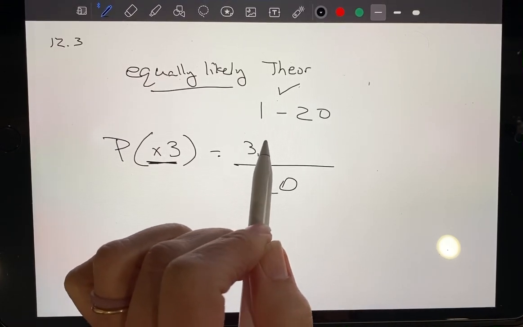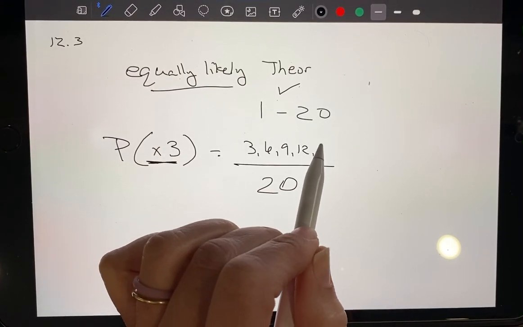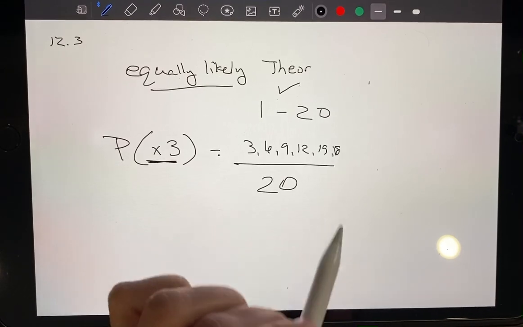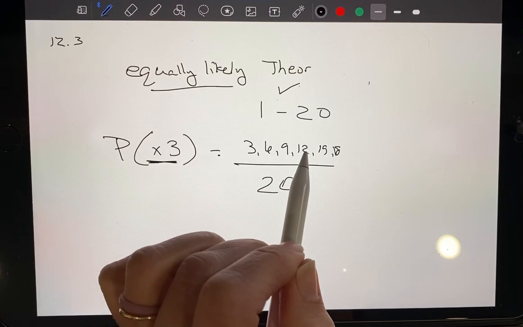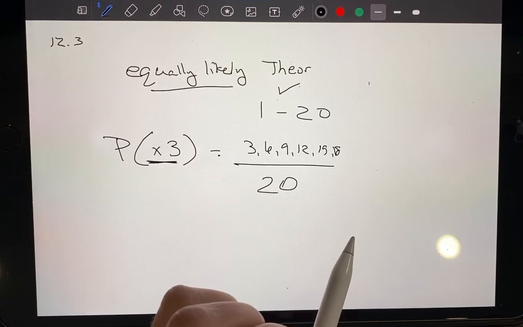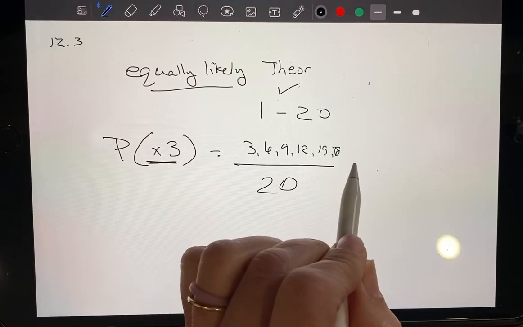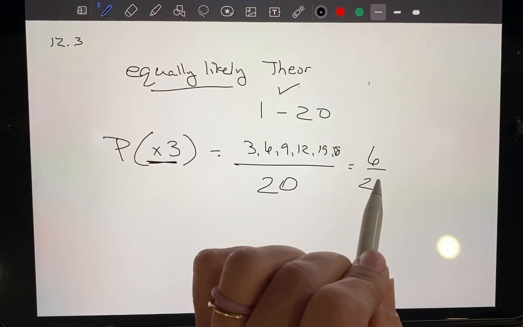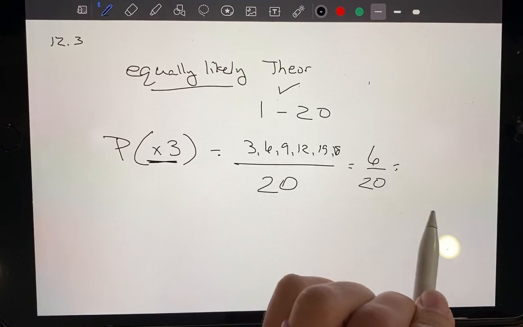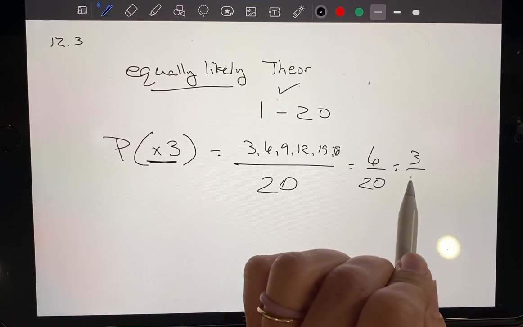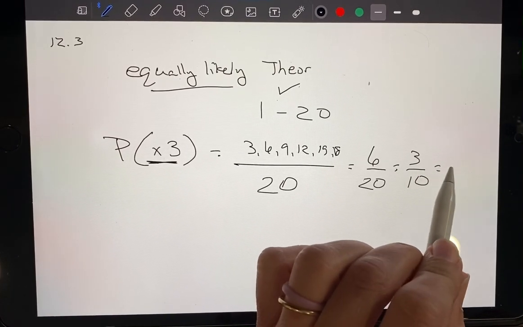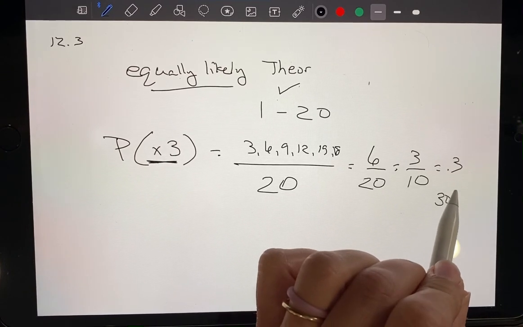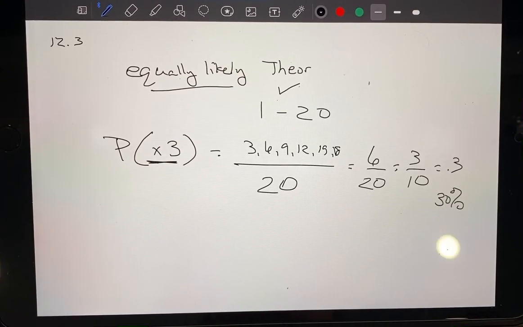Well, I could have 3, 6, 9, 12, 15, and 18. So there are 1, 2, 3, 4, 5, 6 ways that I can make that true. So I'm going to say 6 out of 20. That can be reduced down to 3 out of 10, which would be 0.3 or 30% chance of me picking out a number that is a multiple of 3.